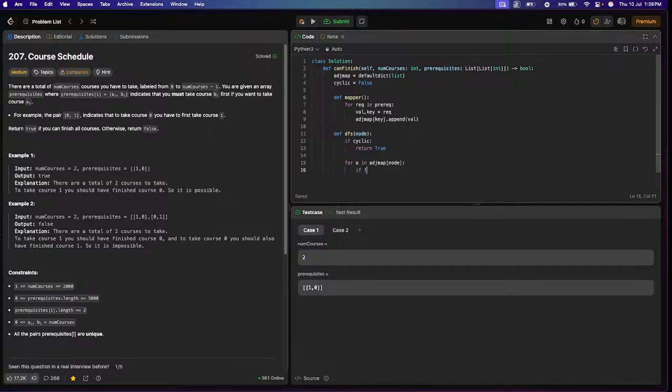If not visited of u, if visited of u is not done, then you could have done a simple false times number of courses. That seems fair. If not visited of u, then DFS of u would make sense.